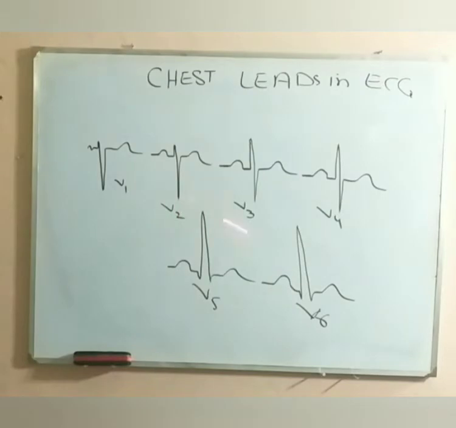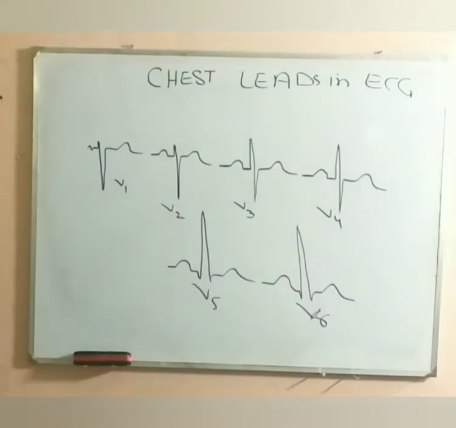If someone has lost this, and the S is persisting in V5 and V6, this would be pathological. The normal thing is a normal progression of the R wave if the leads are properly placed in the chest, as I described their anatomical location.